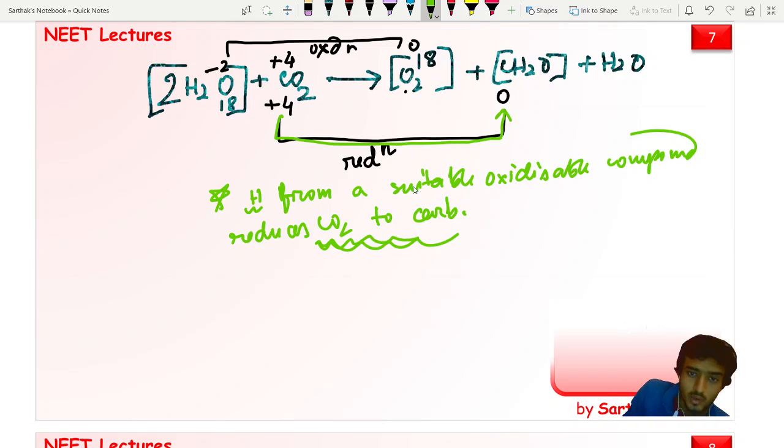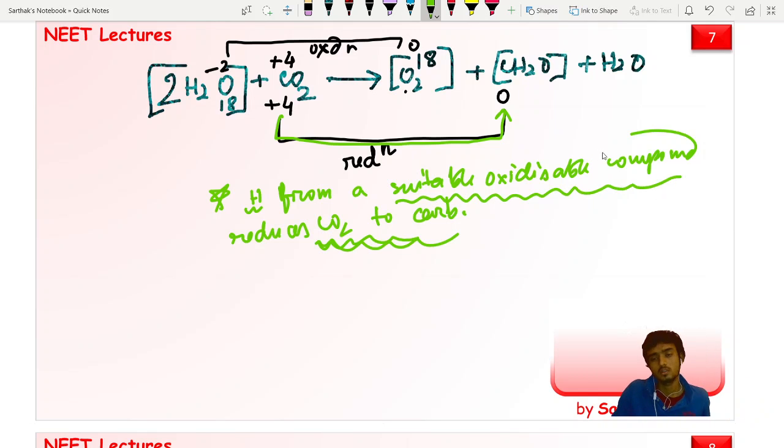Okay, so what is the suitable oxidizable compound here? I am talking about this. Okay, what is the suitable oxidizable compound? So oxidation is happening in case of H2O. Okay, I have shown you. So the H2O here is the suitable oxidizable compound.